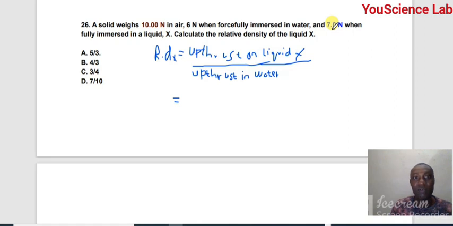So I have 10 minus 7.0 is 3, divided by the upthrust in water, which is weight in air 10 minus 6 newtons. So that's 4. So the correct option is option C, 3 over 4.